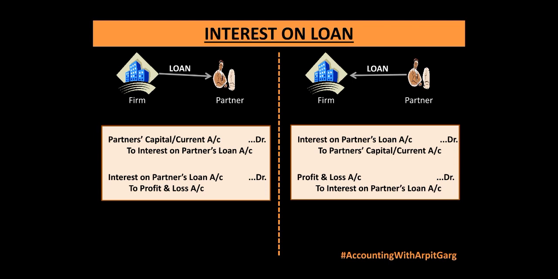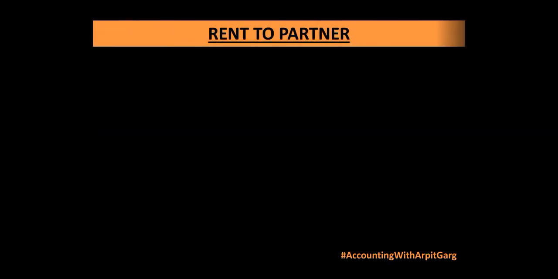Okay, let's come to our next topic, that is rent to partner, which means how rent paid to a partner will be accounted for if we are running the business in the premises of any of our partners. So, as we can see, the rent is paid, which means it is our expense.